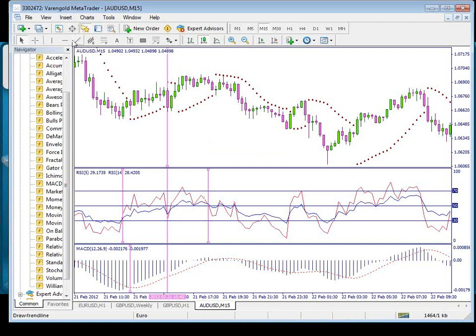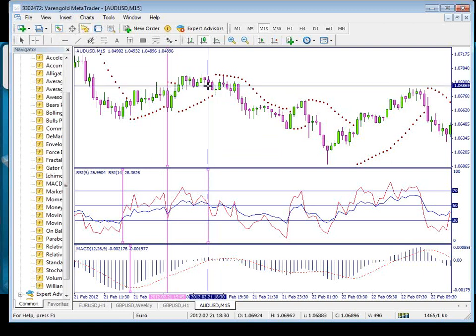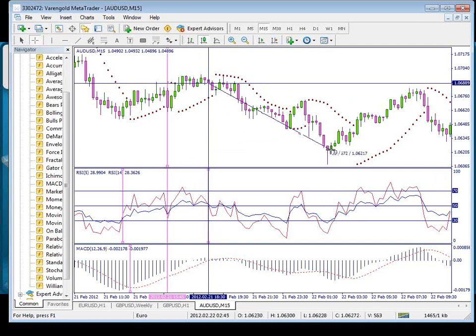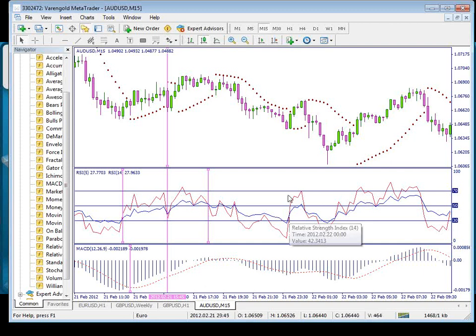Also, if you are looking from this area up about 30 pips, maybe, but I'm not sure that somebody will take this trade that has 65 pips, because here we have signal for buy.